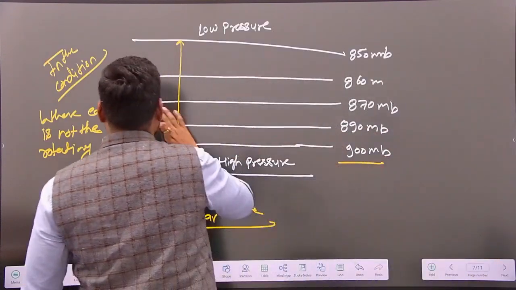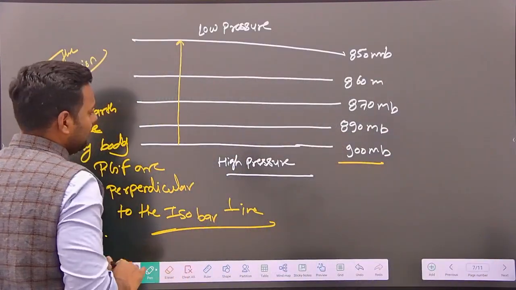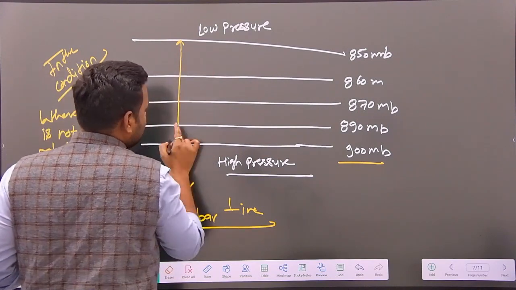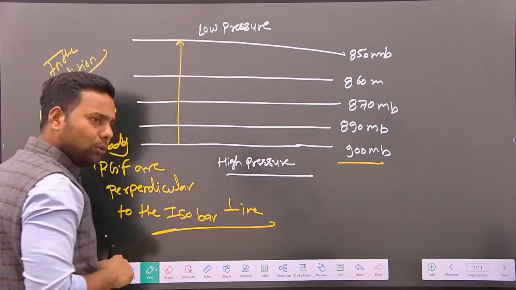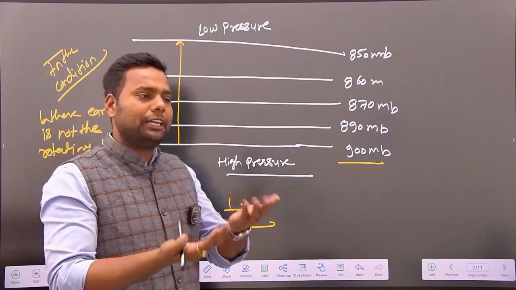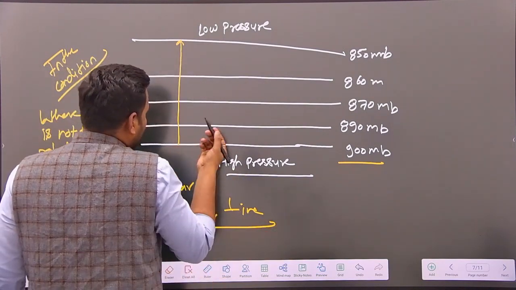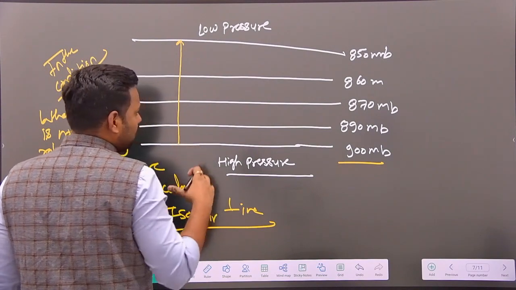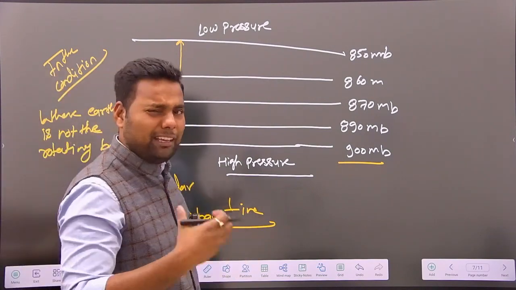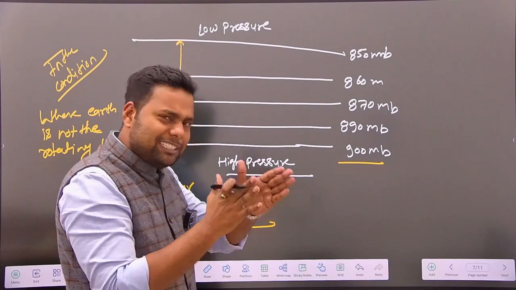If earth is not a rotating body in this picture, then the pressure gradient force is perpendicular to the isobar. When earth is a rotating body, then what happens? The Coriolis force acts. Coriolis force is a deflective force which changes the direction.